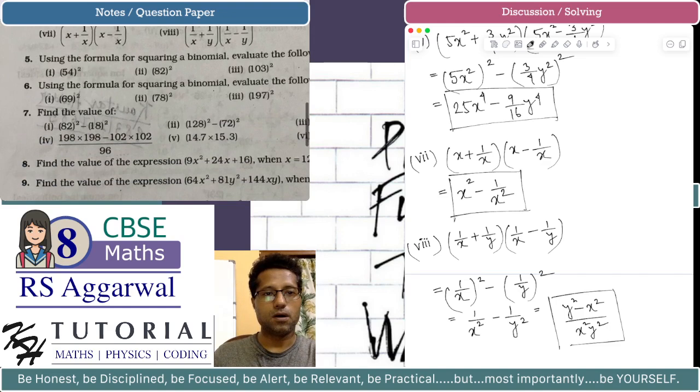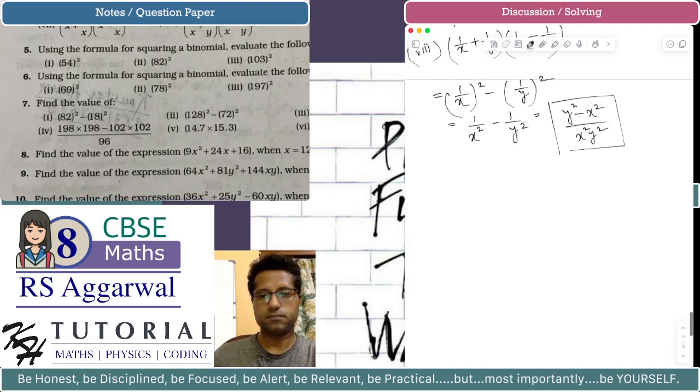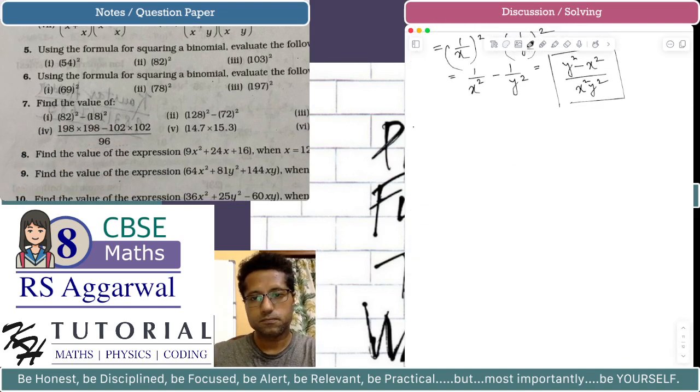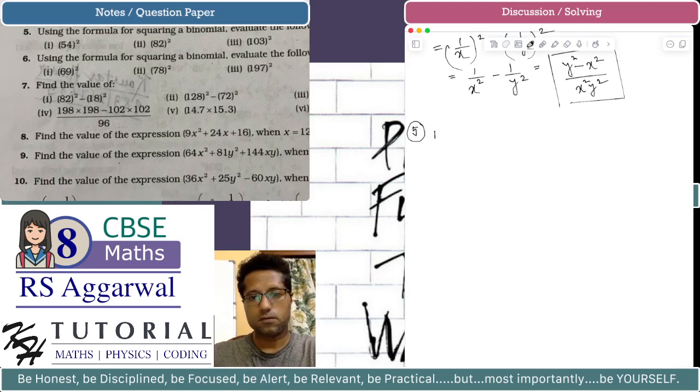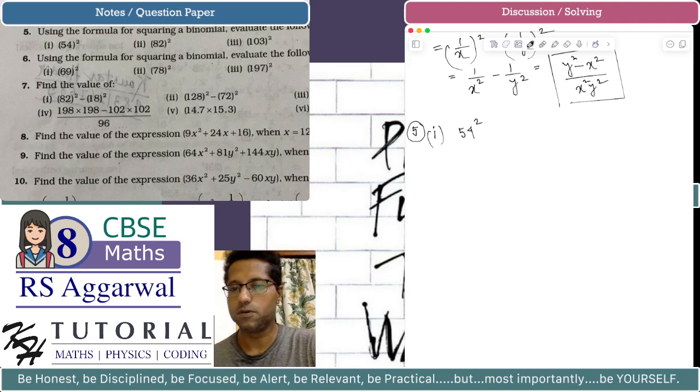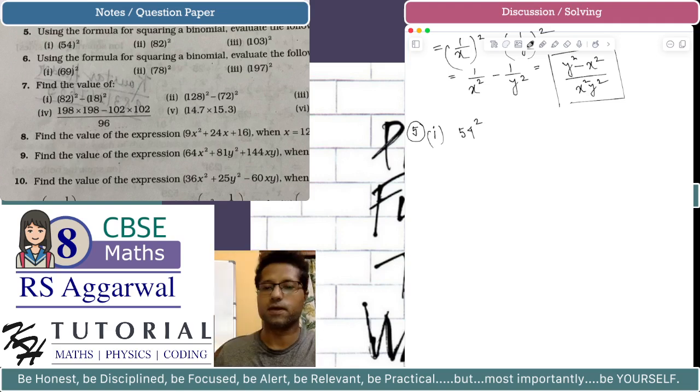Let's do problem number 5. It says using the formula for squaring a binomial, evaluate the following. It has asked to find 54 square. We have to apply the formula of a plus b whole square or a minus b whole square.